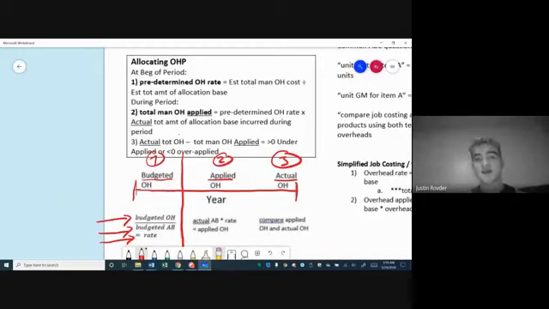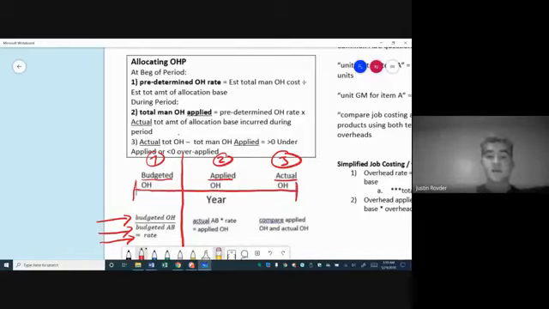That rate basically says that for every unit of allocation base we use, so for every unit you produce or for every machine hour worked, you're going to most likely incur this many dollars in overhead. So this rate basically says the relationship between the allocation base, or how busy you are, and the amount of overhead that you incur.